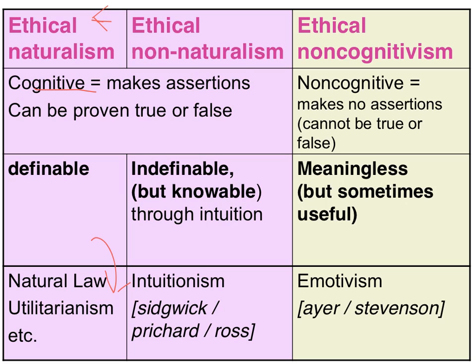Now for that utilitarian, that statement is a fact, just as a factual statement like Paris is the capital of France, or it is raining when it's raining, or the chairs in my classroom are blue. All of those are cognitive statements, and the naturalists think that ethical statements are cognitive as well. That means for them an ethical debate consists of some people that are saying things that are true and other people that are saying things that are false.